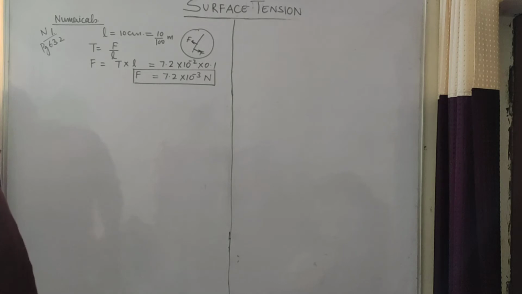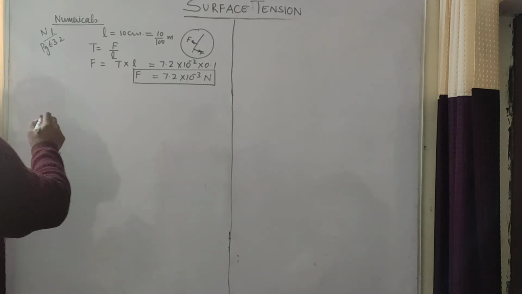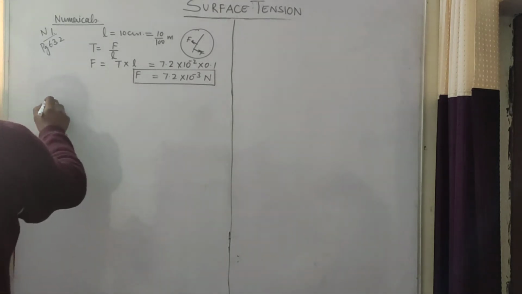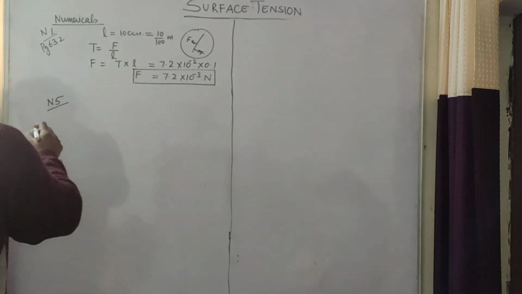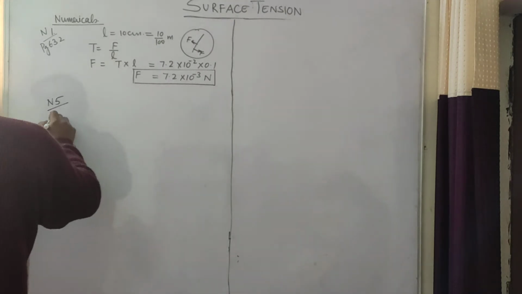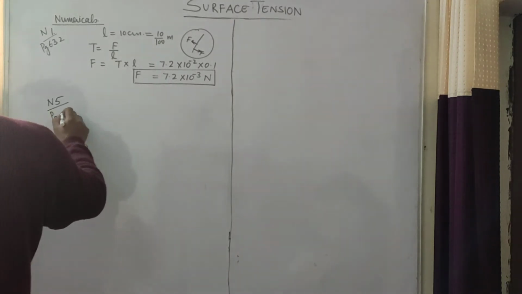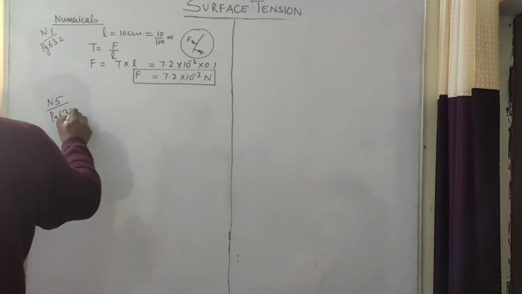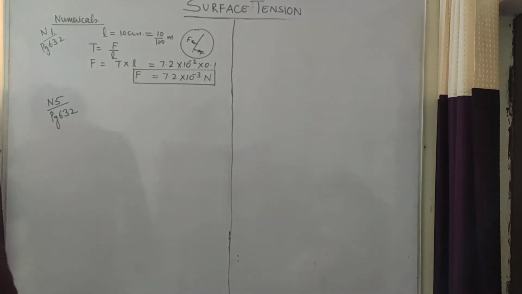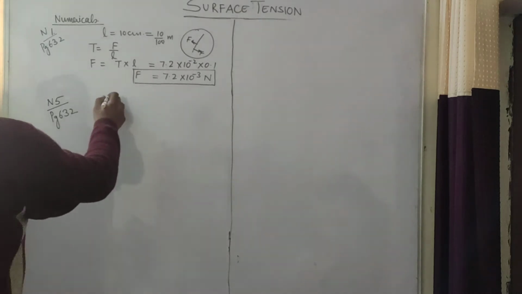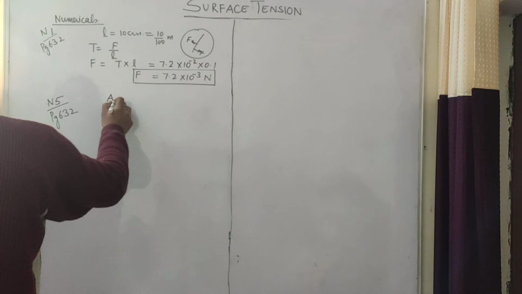Now moving on to the next. I am trying to do each of a type. This is numerical number 5 on page 632. A soap film has been made on a rectangular frame of wire of size 3 into 3 centimeters.